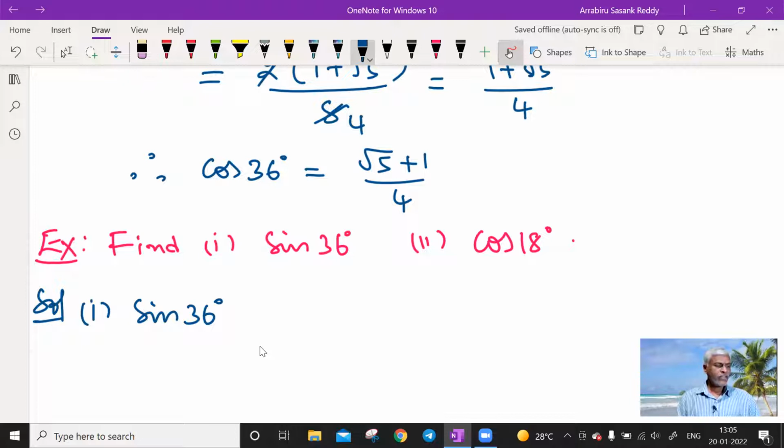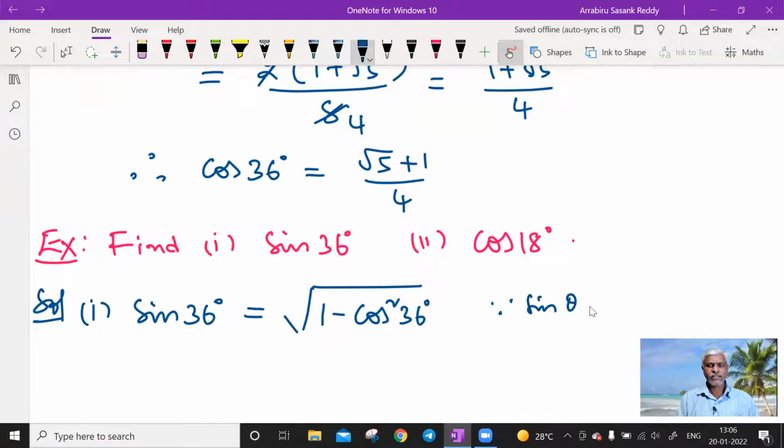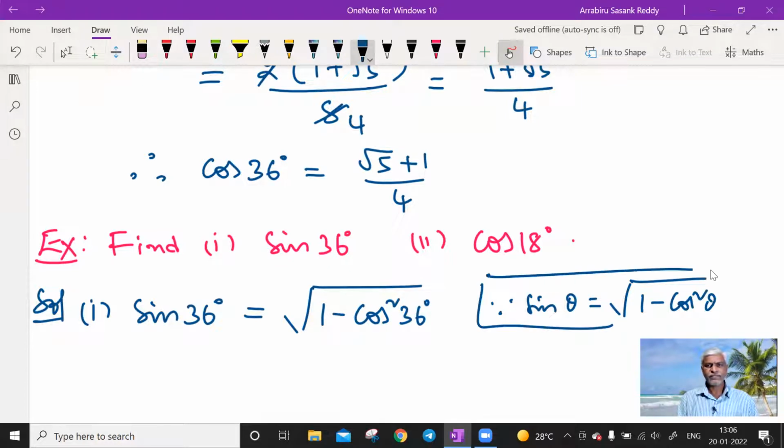Sin square theta is equal to 1 minus cos square theta. Sin theta is under root 1 minus cos square theta. So already we know cos 36 is (root 5 plus 1) by 4.